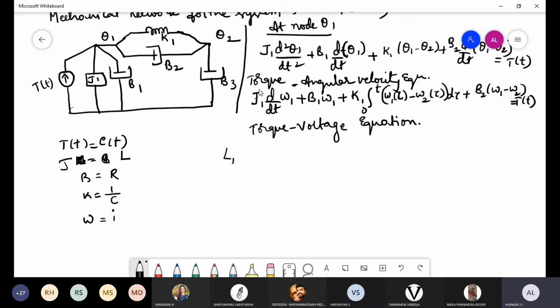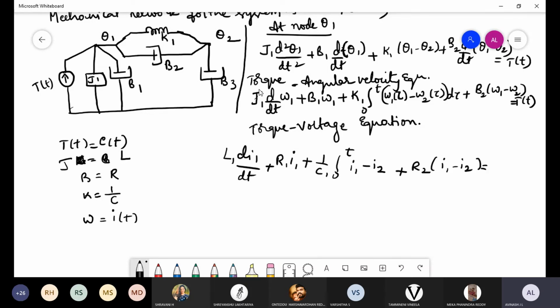So here L1 into dI1 divided by dt, plus B becomes R1 into I1, plus K1 becomes 1 by C1 into integration 0 to t of I1 minus I2, plus B2 becomes R2 into I1 minus I2, equal to T of t, which is E of t.